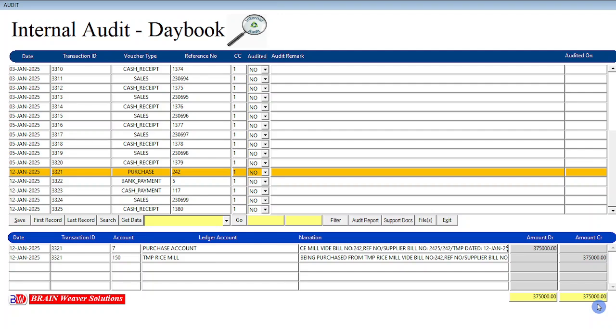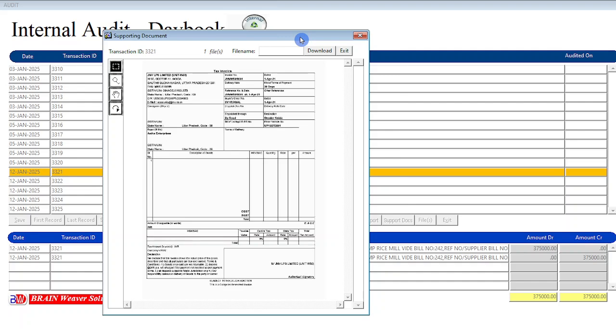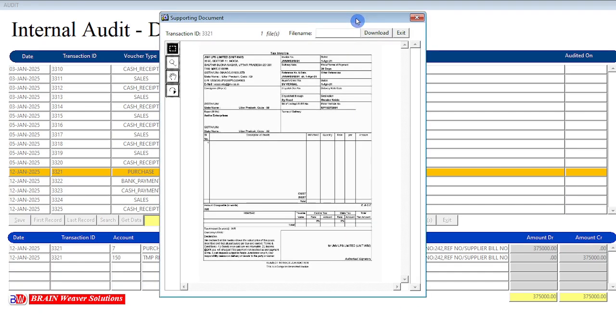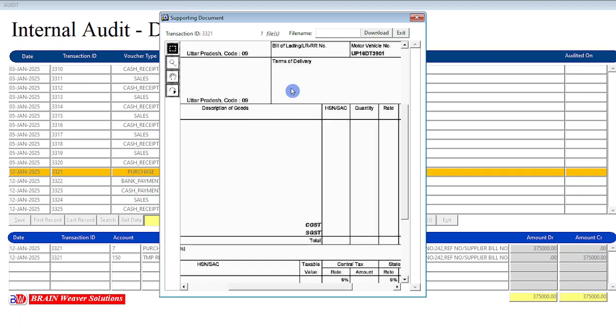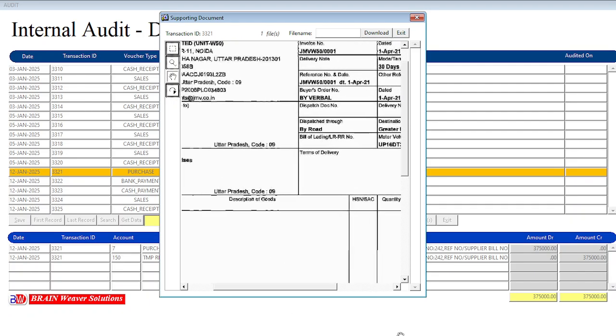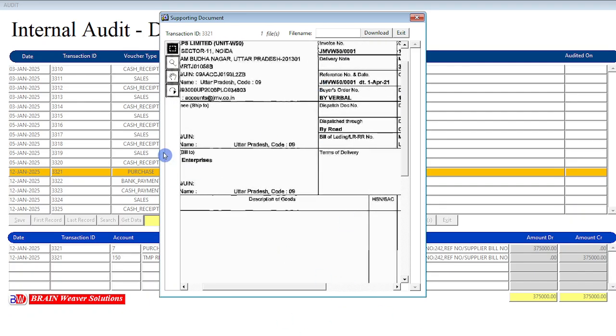If the auditor wishes to see the supporting documents on the computer, by clicking this support document button, the system will display whatever invoice copies we have attached against this voucher. If you want to download a copy of this invoice, by clicking the download button, you can download it.